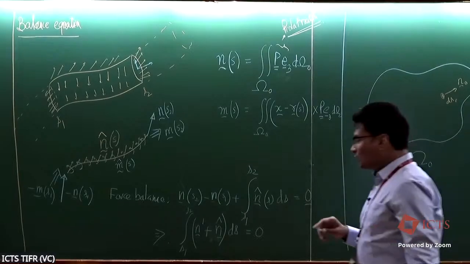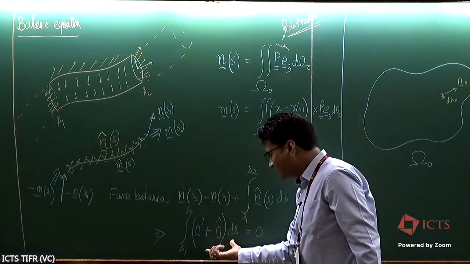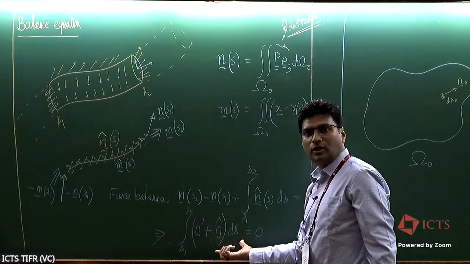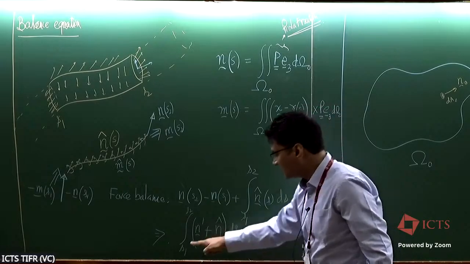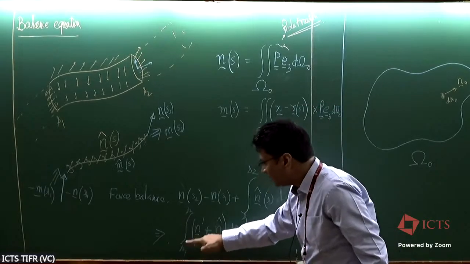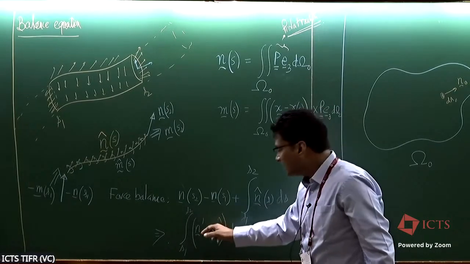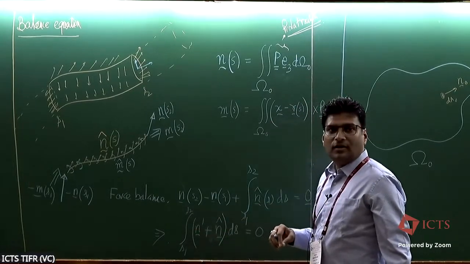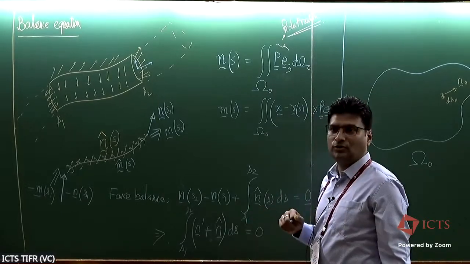And then comes what is called the localization argument, because this is going to be equal to 0 for any arbitrary segment, starting from any S1 ending at any S2. So this holds for any domain. This can only be true when the integrand itself is equal to 0.